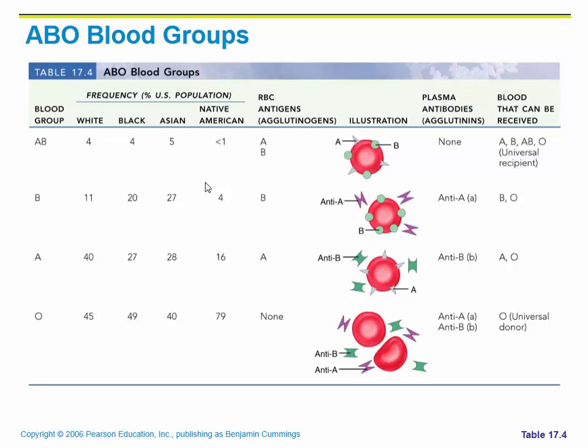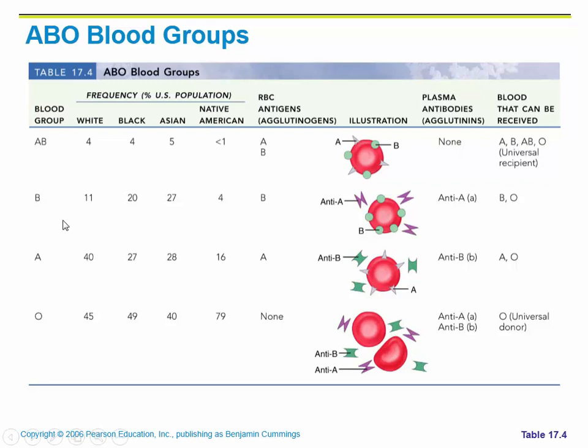This chart shows you the types of antigens and antibodies certain blood types have. If you have AB blood, you have A and B antigens on the red blood cell, but in the blood plasma, which is the liquid portion, you have no antibodies. I'm going to explain this in detail tomorrow.